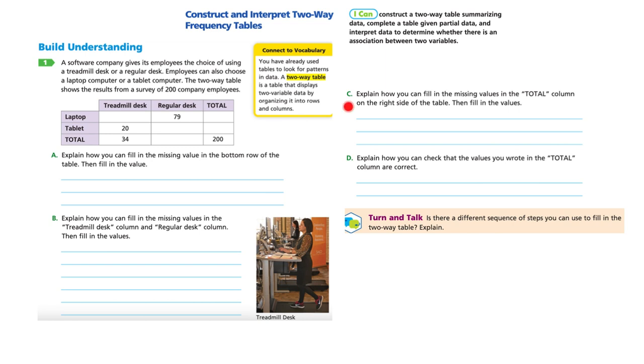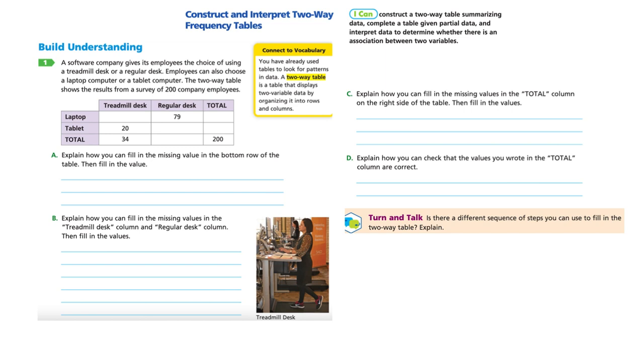And then C, explain how you can fill in these missing values in the total column and then fill in the values. And then D, explain how you can check the values you wrote in the total column are correct. So how can you check that?